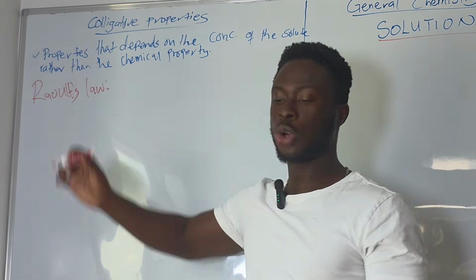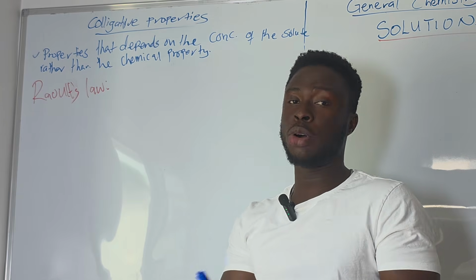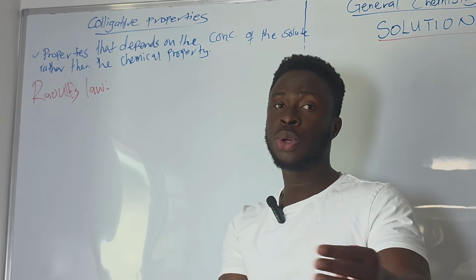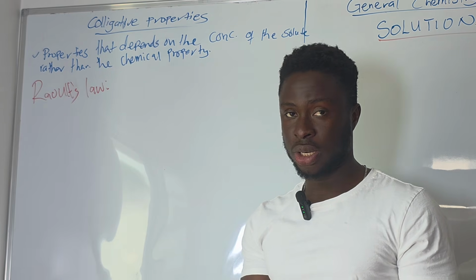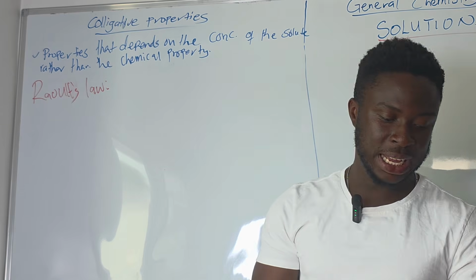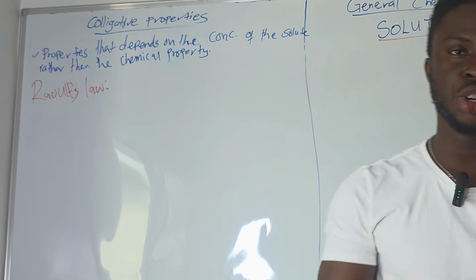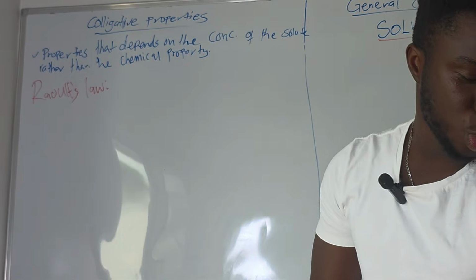Yeah, so Raoult's law states that the more impurities, or let's say the more solutes you add into the solvent, the more you decrease the vapor pressure of the solvent. It basically means that the vapor pressure is inversely proportional to the number of solutes you add into the solution.